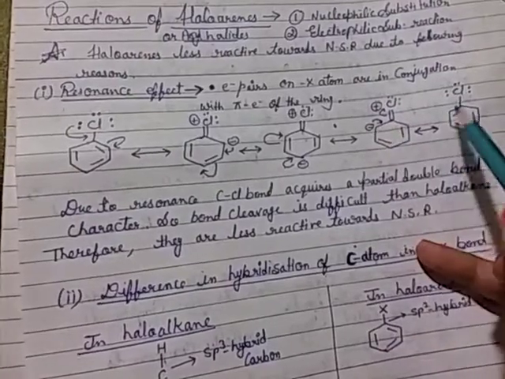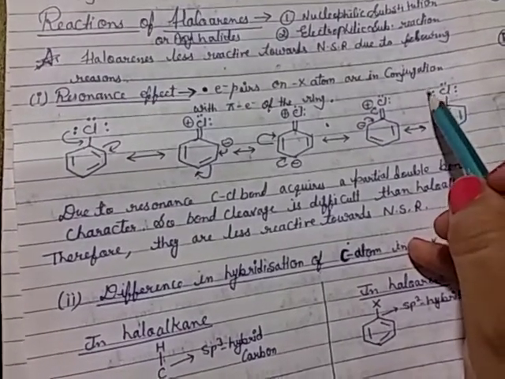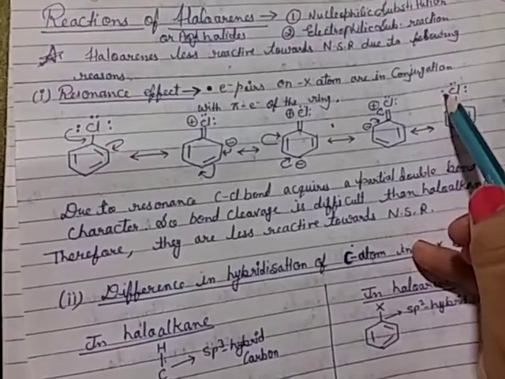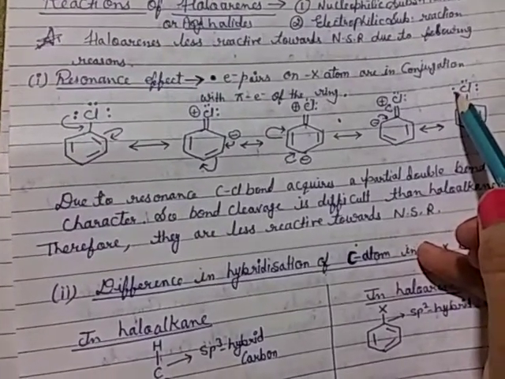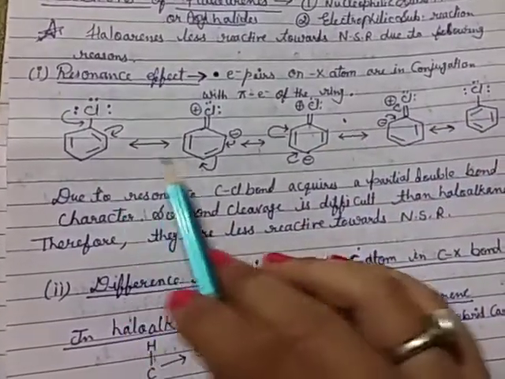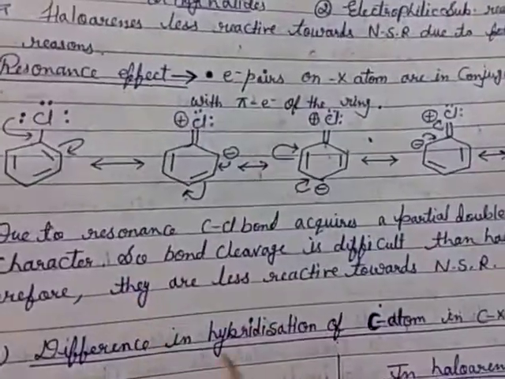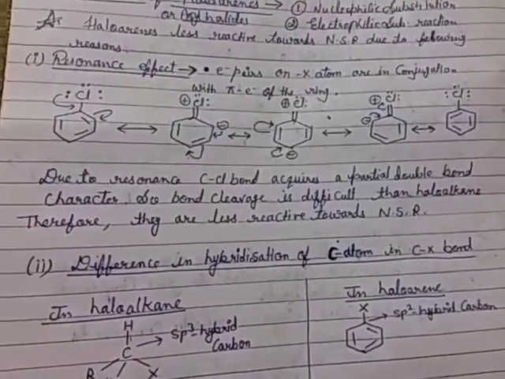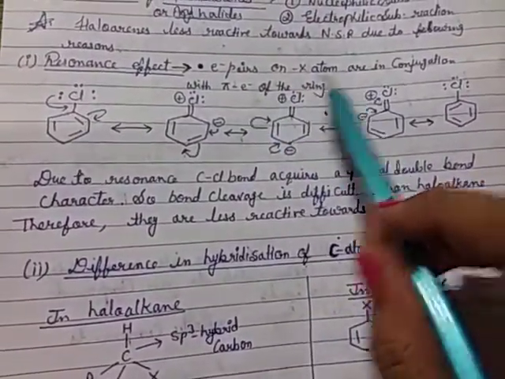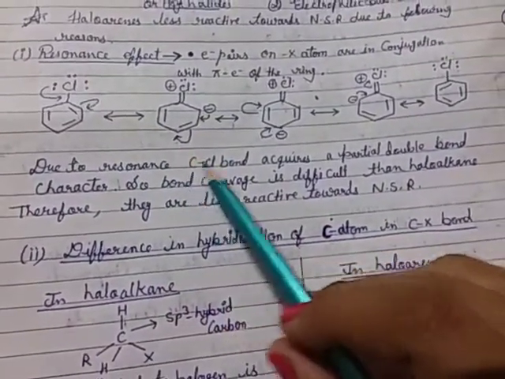A new double bond forms, and here the double bond converts into a single bond and the electrons come back onto Cl as a lone pair. This is the way of resonance: the electron pair on the halogen atom is in conjugation with the pi electrons of the ring.